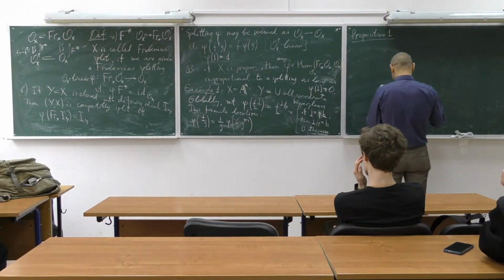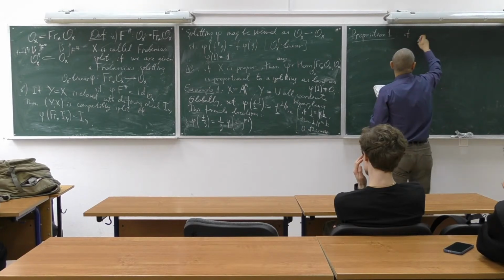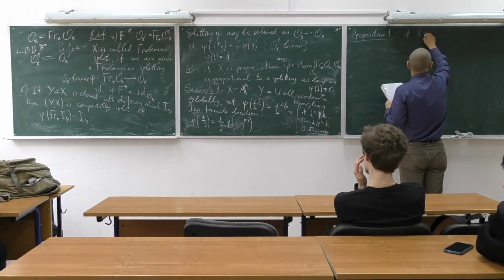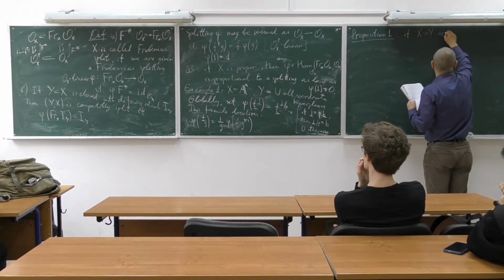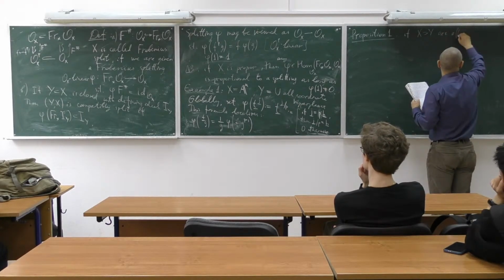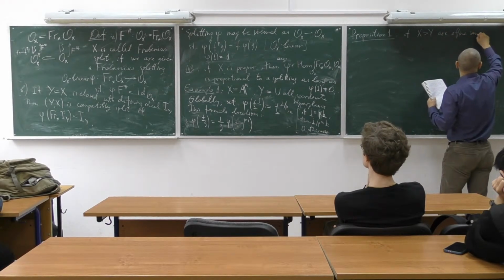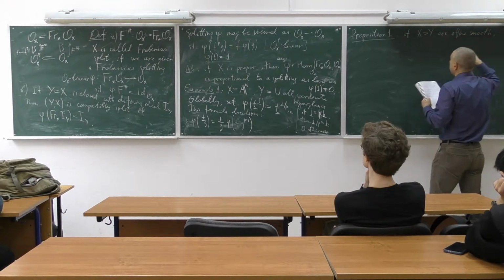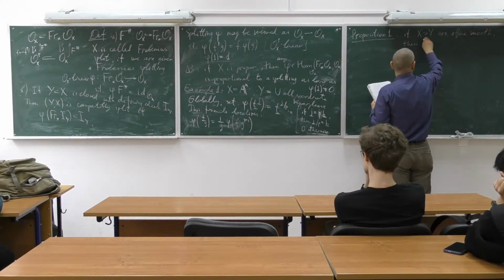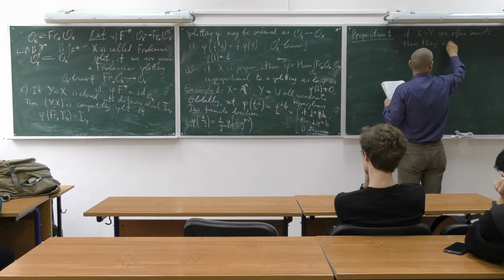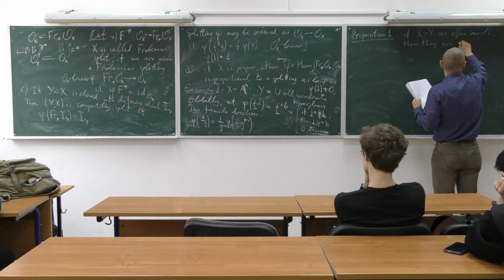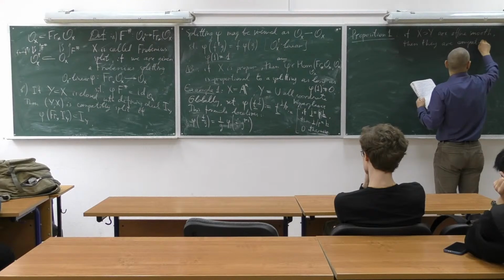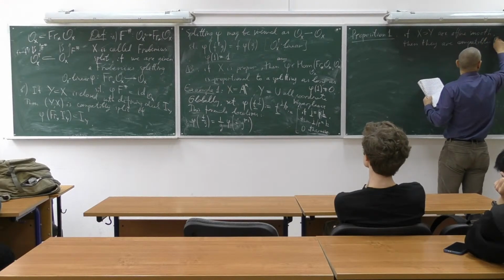It says that if X, Y are affine smooth, then they are compatibly Frobenius split.